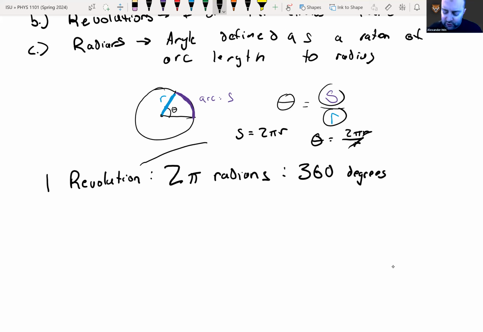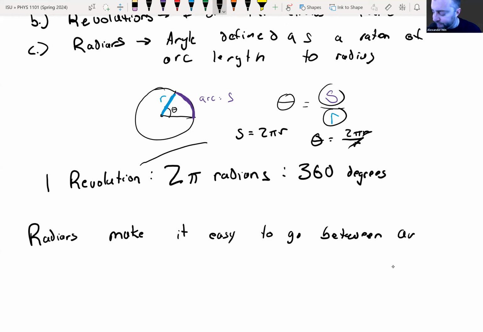Now, why is this useful? Well, the point is that radians make it easy to go between angles and distances traveled.